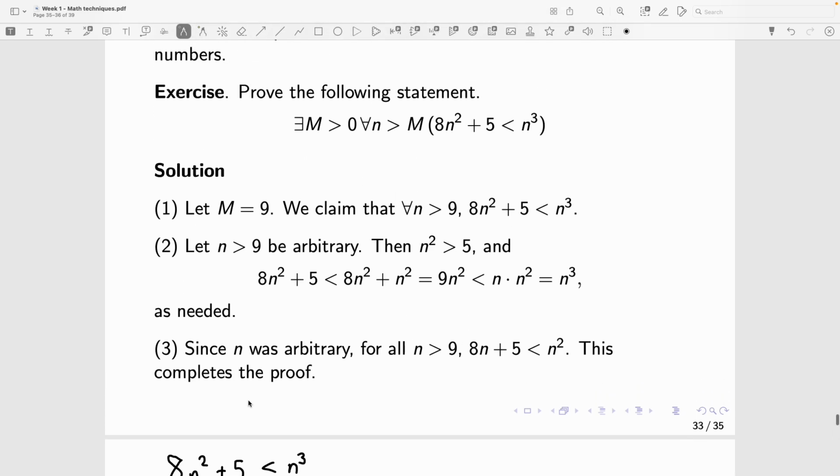This is, in principle, a similar sort of graphing-esque problem.